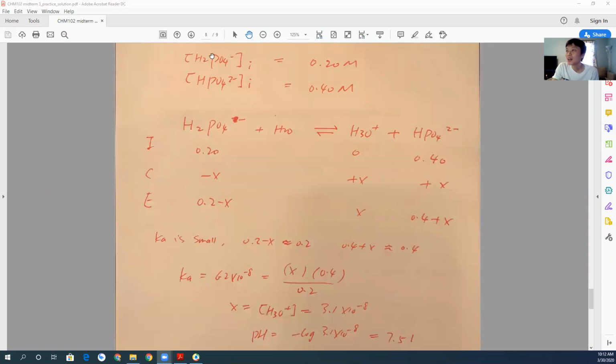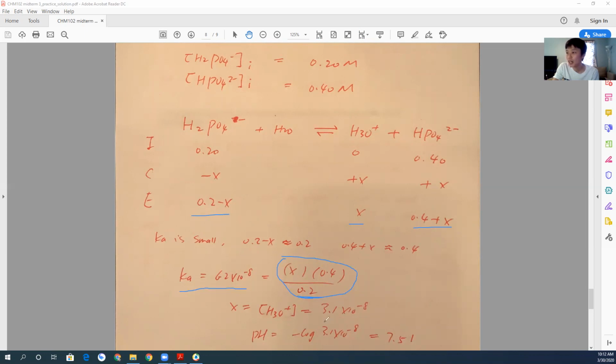So we can use the IC table and the given Ka value. Right, so Ka value is given, so we can plug these terms into this equation. And again, here I assume that x is small compared to 0.2 or 0.4, so I use 0.2 directly instead of 0.2 minus x.